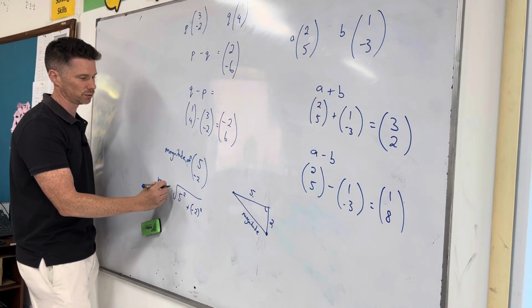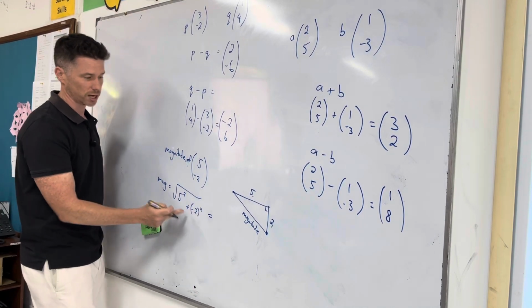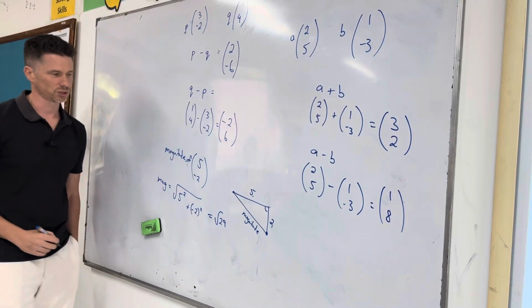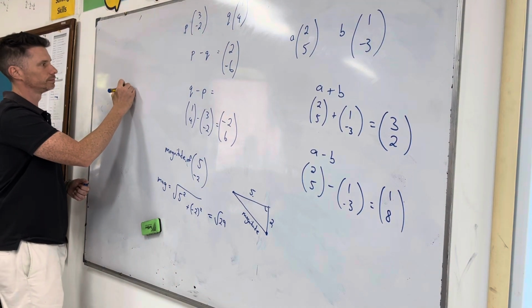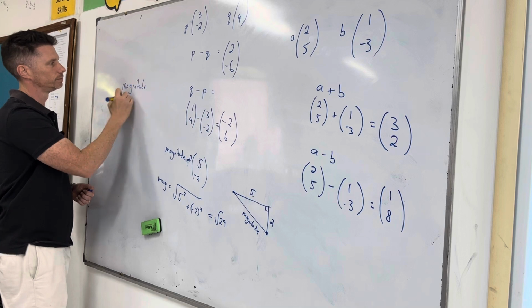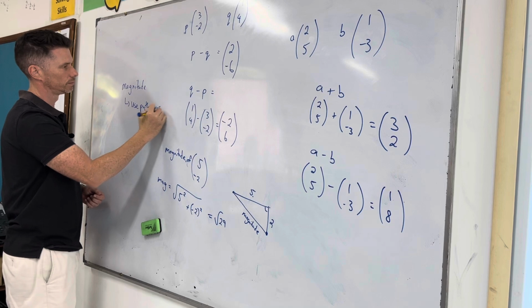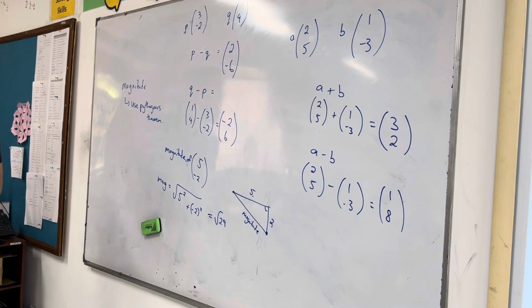But this gives the magnitude, so you don't have to draw it. You can just put in the numbers. It's going to end up being positive, so it's square root 29. That's a surd that I can't get the square root of, so I'll just leave it like that. So to get the magnitude, use Pythagoras' theorem. That is the distance of a vector, how far you've actually gone.